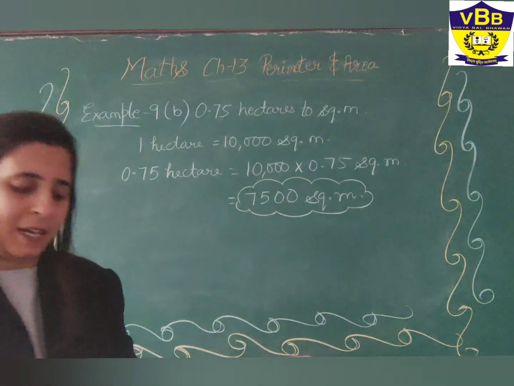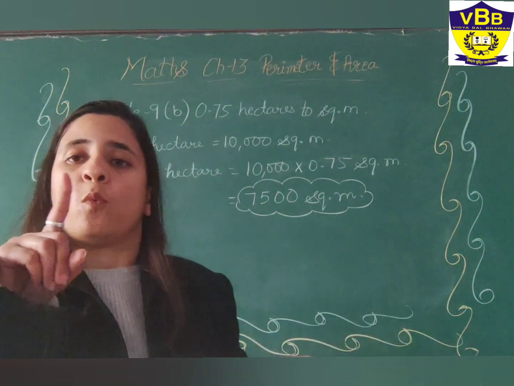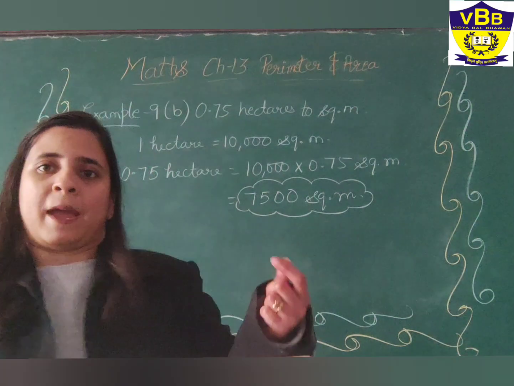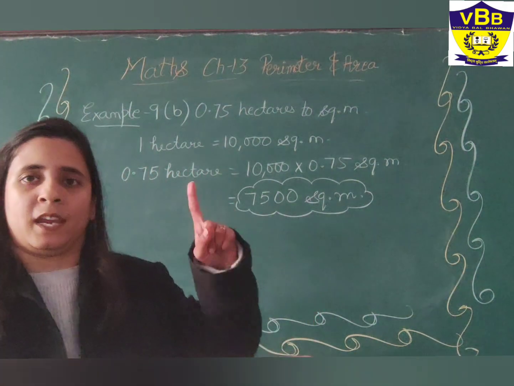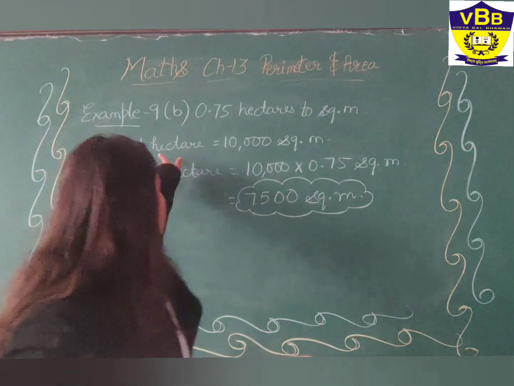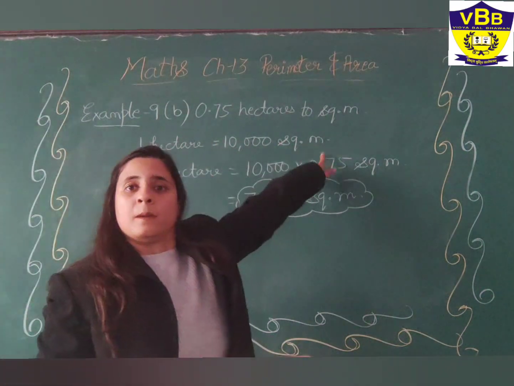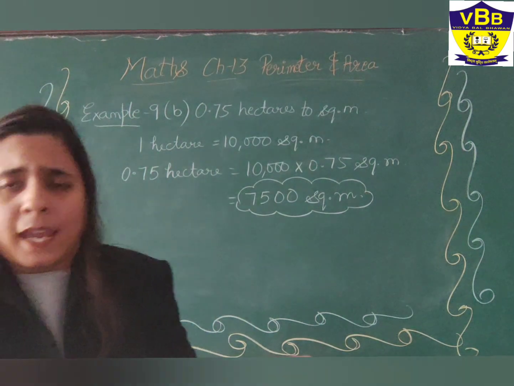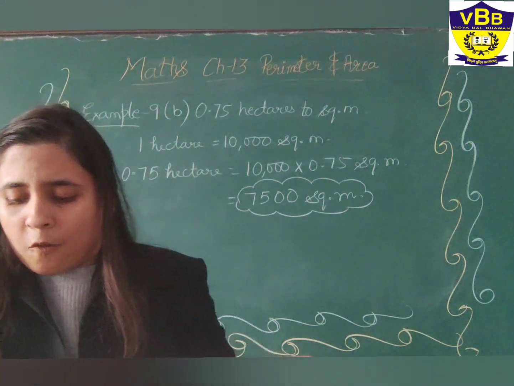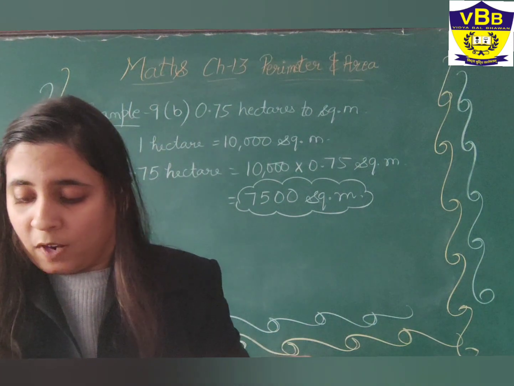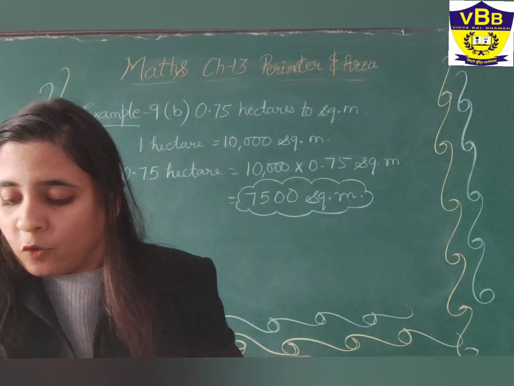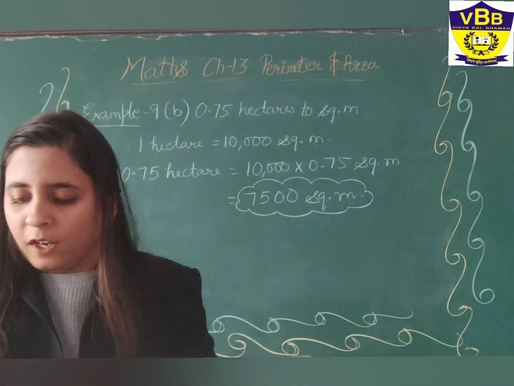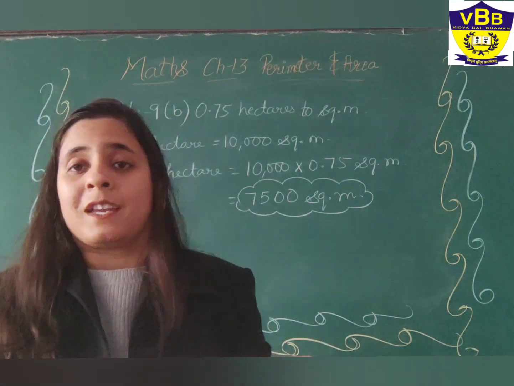Now, example number 10 says a man owned 1 hectare of cultivable land. So, there is a land a man has and it is of 1 hectare. 1 hectare means 10,000 square meter. So, it has a land of 10,000 square meter. A part is asking you how many square meters of land would each of the children get if he divides it equally among 5 children.